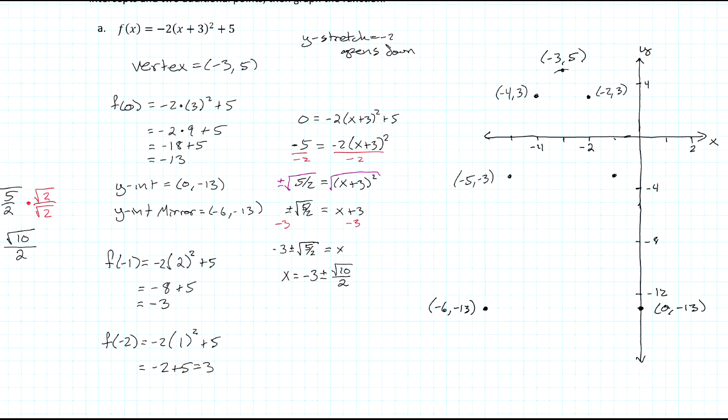Now I'll draw my graph. Make sure it's a U-shaped parabola, not a V-shape. And watch what happens here. So I'm ignoring the x-intercept values that I found before completely right now, yeah? Just not worrying about them.